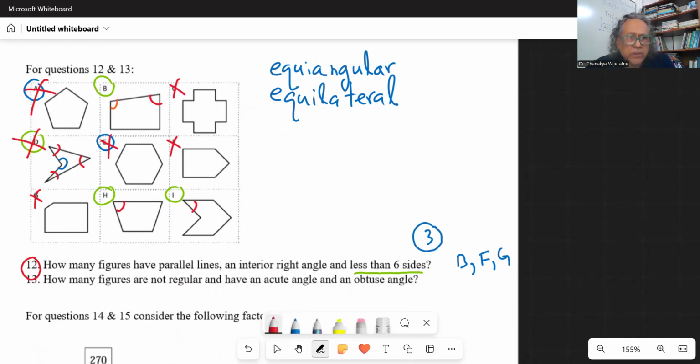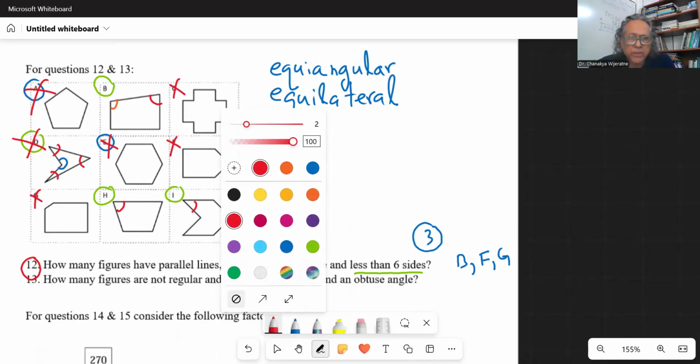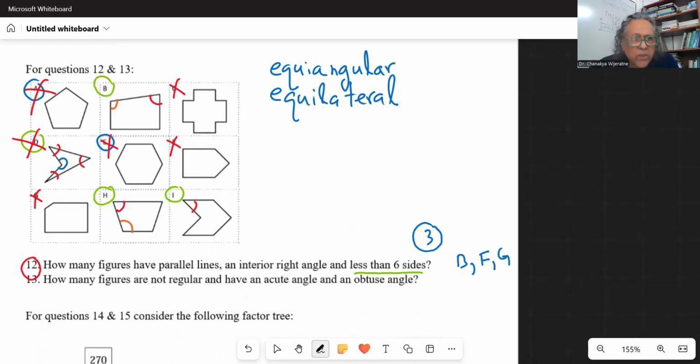We need to strike this out. What about H? Does it have an obtuse angle? Here, this is obtuse. And what about I? Yeah, this is obtuse. So the answer is actually B, H, and I. But that's not the answer. The answer is actually 3. So there are 3 figures that are not regular, have at least one acute angle, and have at least one obtuse angle.